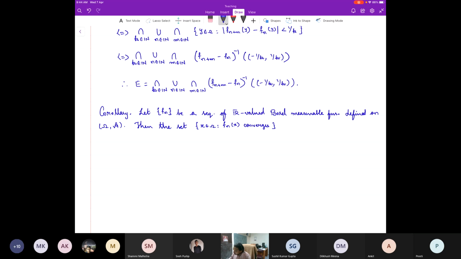And here we are assuming that each fn is Borel measurable and therefore the difference f(n+m) minus fn is Borel measurable for each n and m. And this interval is Borel measurable, the function is Borel measurable, and therefore this pullback belongs to the sigma algebra E, and the sigma algebra is closed under unions and intersections, which tells us that the set of convergence is measurable.